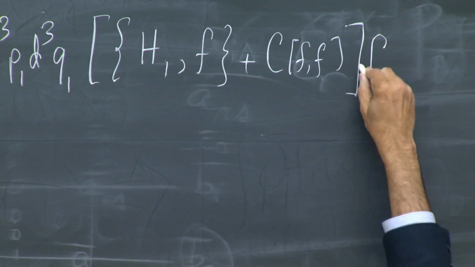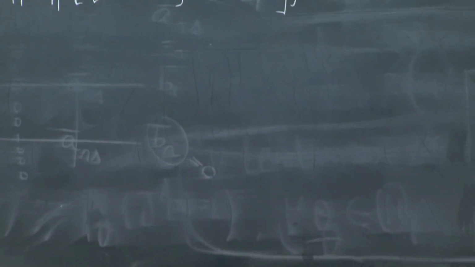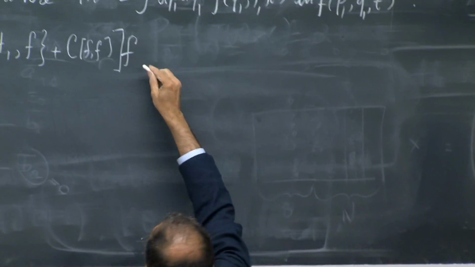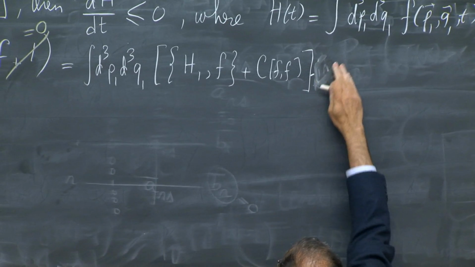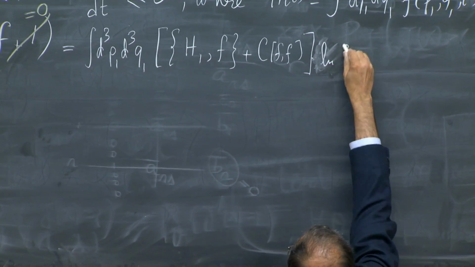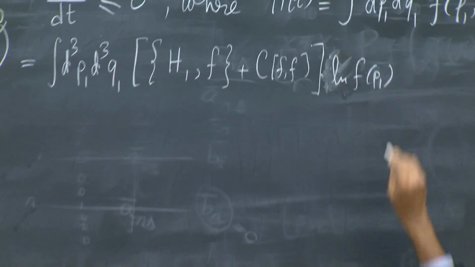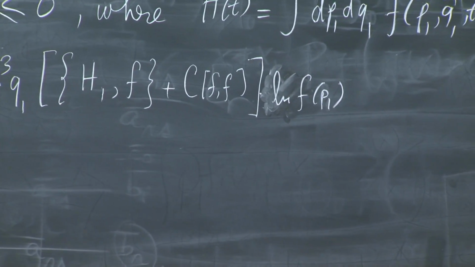And we have to multiply this by f. And again, let me remind you that log f has argument p1. I won't write q1 and t. Okay?